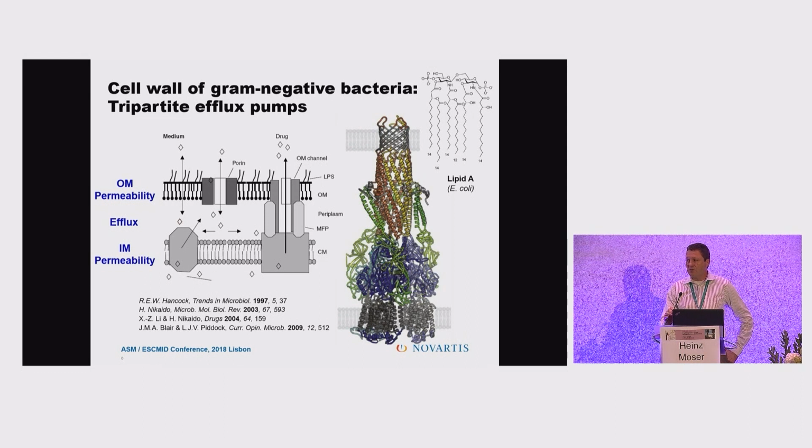So this asks for polar molecules on one side, but on the other side it's also like a molecular sieve. It filters for molecular weight. On the flip side, you have the inner membrane, which prefers lipophilic molecules so they can enter. So you have two membranes that ask for opposites, and that makes it very hard to find molecules that will do both.